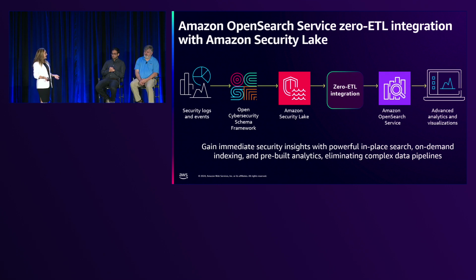So today, we are announcing the Amazon OpenSearch Service zero ETL integration with Amazon Security Lake. And with that, you can gain immediate security insights out of your data residing in Security Lake. You don't need to create data pipelines. You can do in-place search from the Amazon OpenSearch Service.